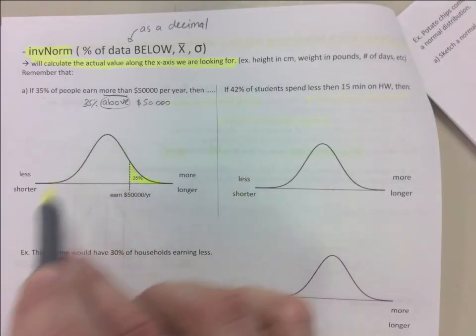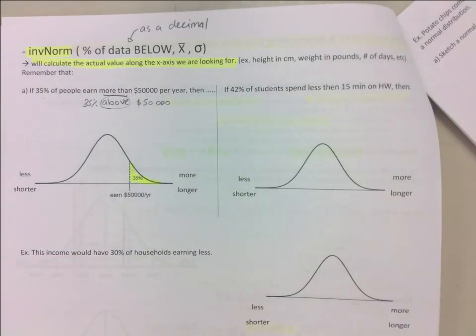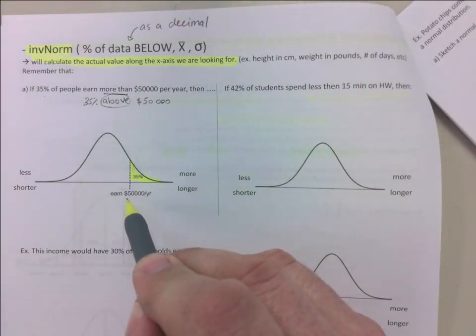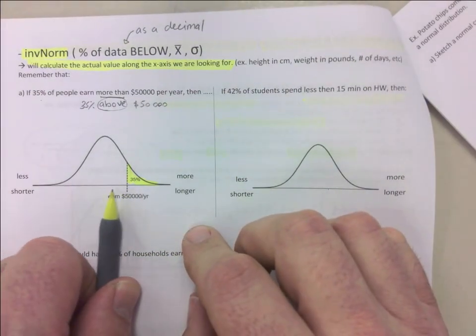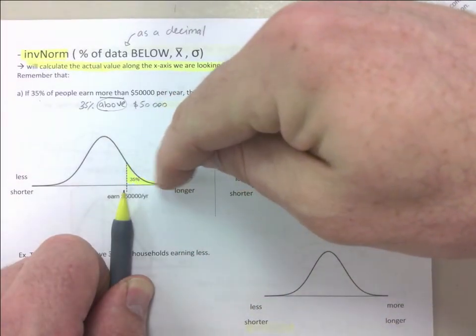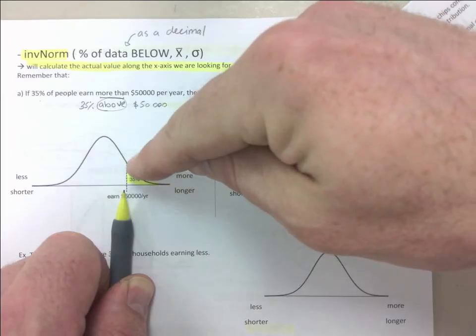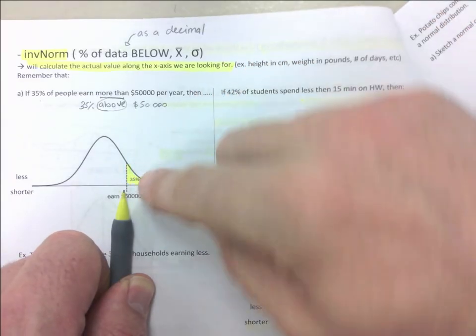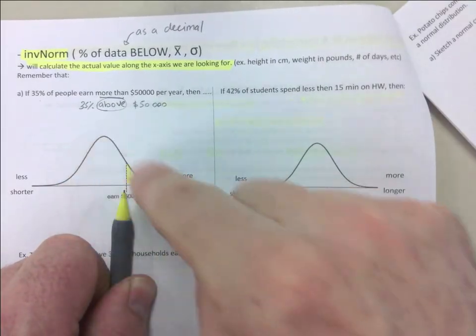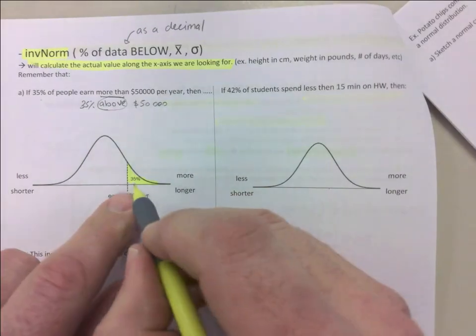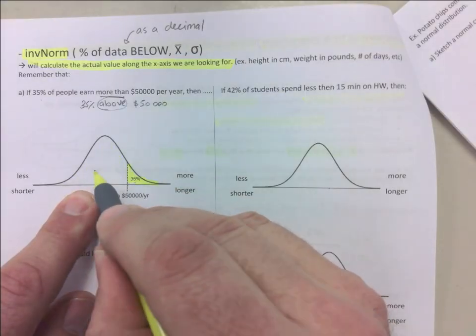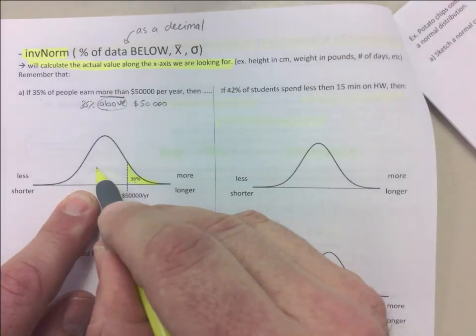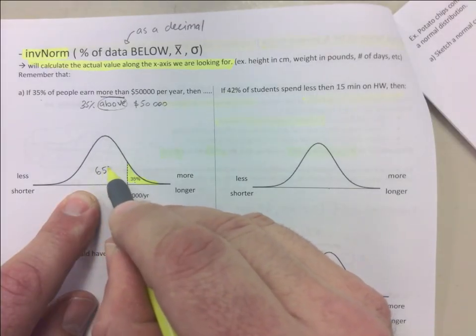What is the entire curve always made out of? 100%, right? If I tell you that 35% make more than 50,000, wouldn't it make sense that the 50,000 should be higher up here? Because we're saying that 35% is over here, like it's a smaller percentage compared to the rest. It's 100% all over, okay? If this is 35%, what is this chunk right here going to be? Mental math? 65%.